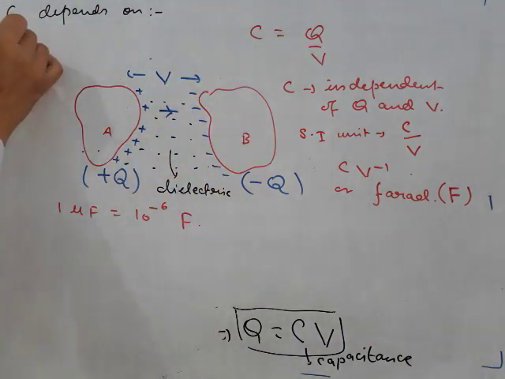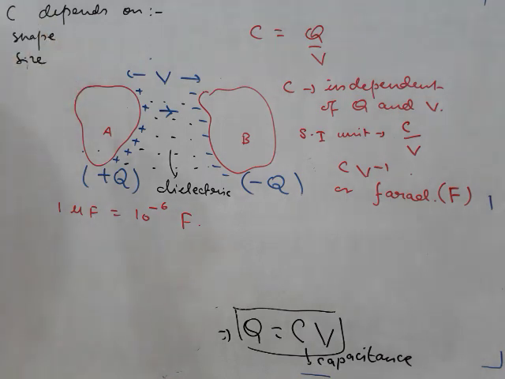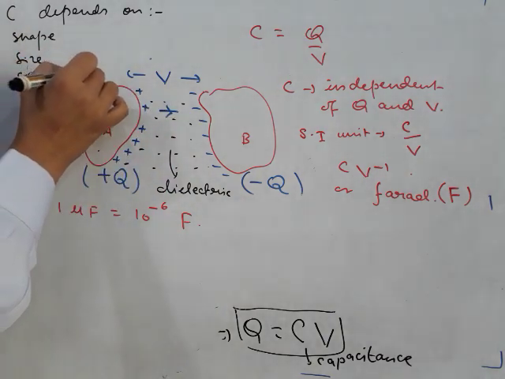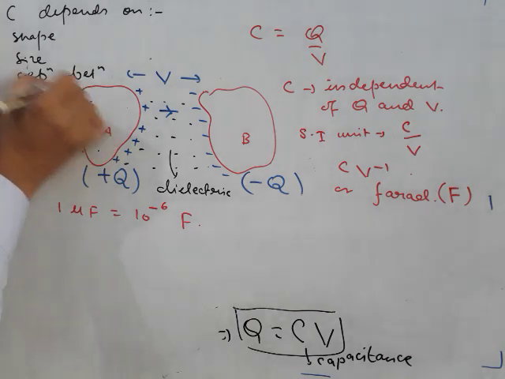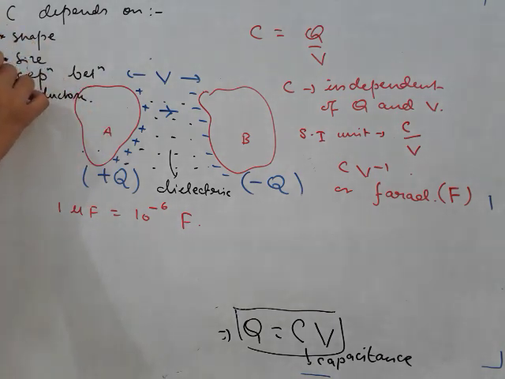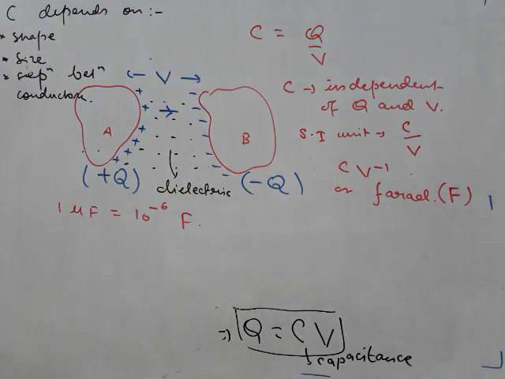So it depends on shape, size, and the separation between the conductors. So these are the parameters. Basically capacitance depends upon the shape and size of this system of conductors.